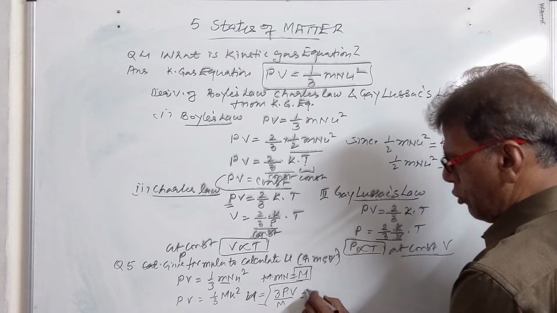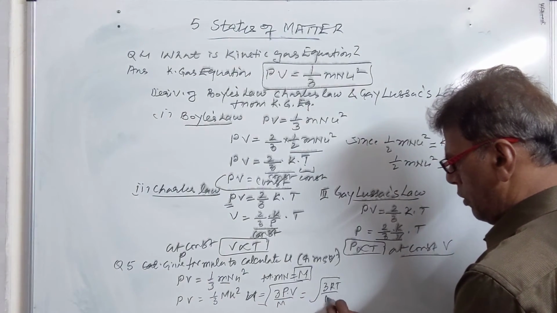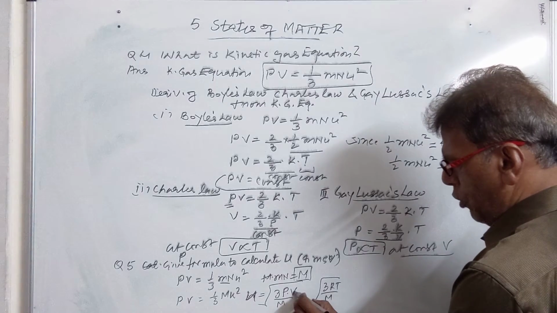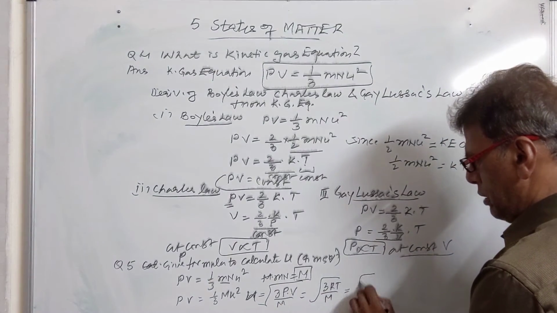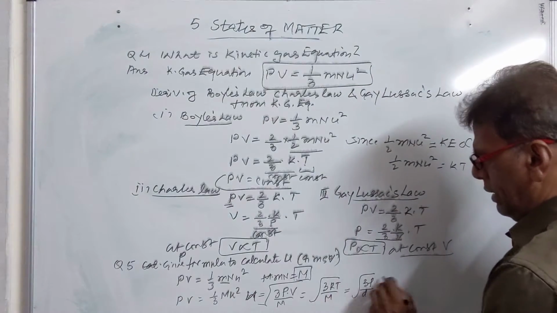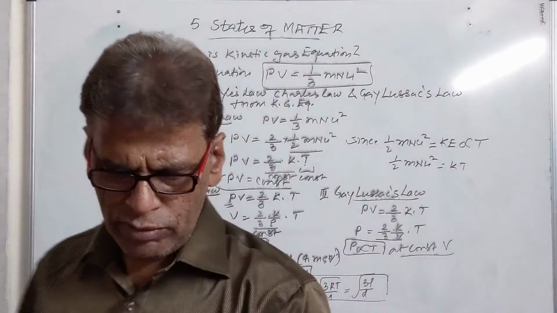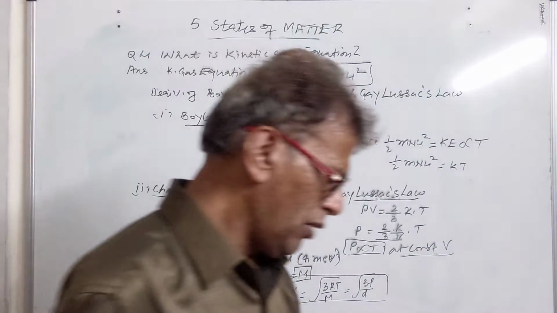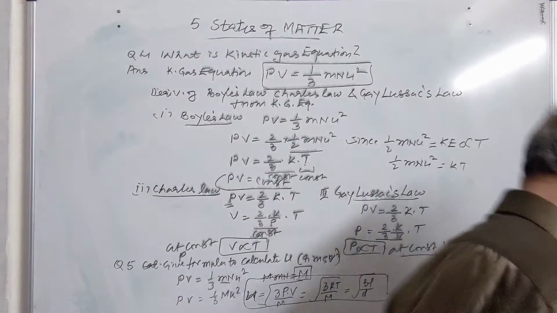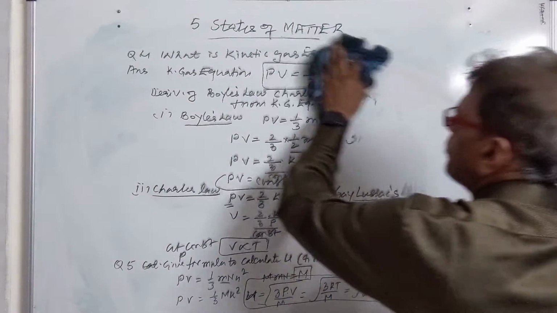Since RT is equal to PV, this can also be equal to 3RT upon M, and mass upon volume is density, so this expression can also be written as 3P upon D. These are the expressions used to calculate the root mean square velocity of the gas sample from our kinetic gas equation.